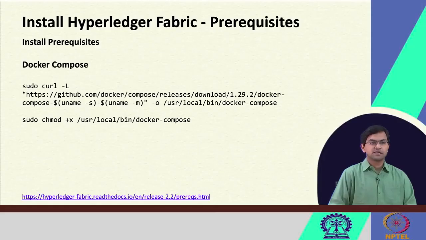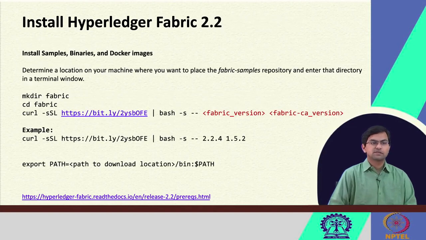Once you have all the prerequisites installed, ensure that the version numbers are compatible with what is mentioned in the Fabric documentation. You can go to this link and check what version of each tool you need to install Fabric. Finally, once all these prerequisites have been installed, you need to go ahead and install the Fabric tool.